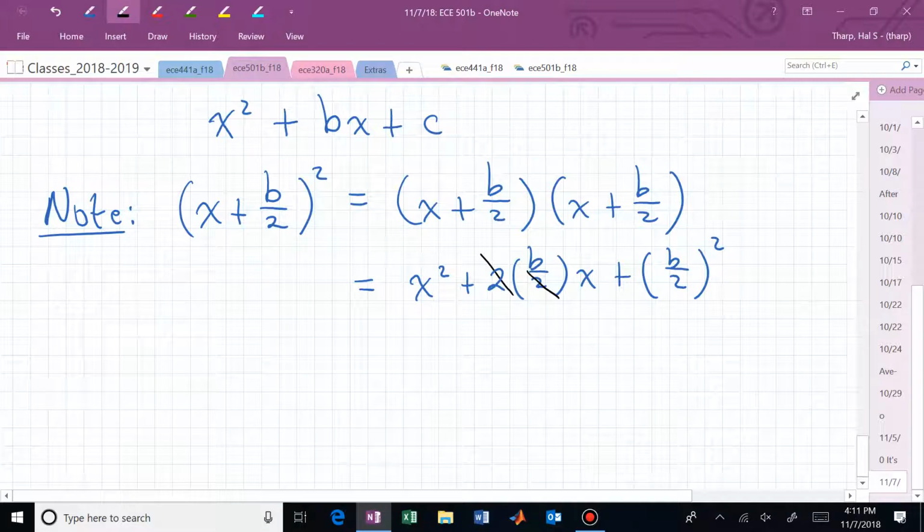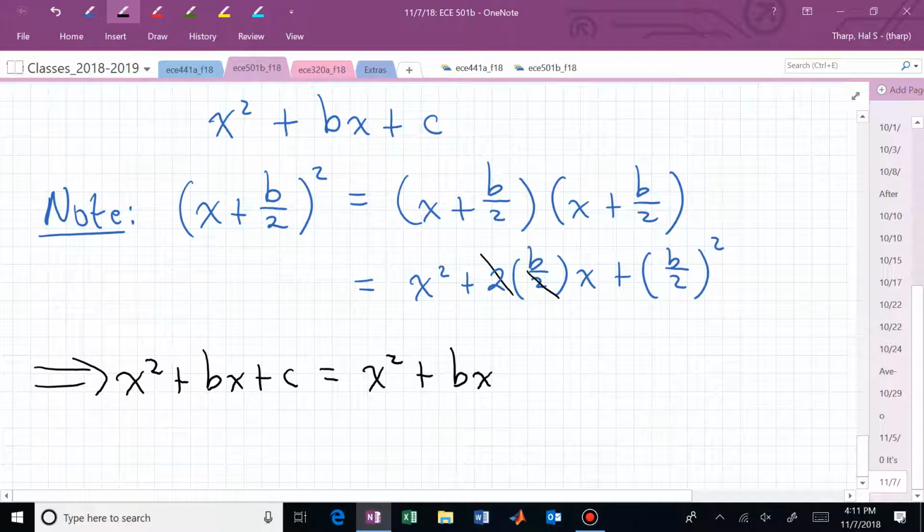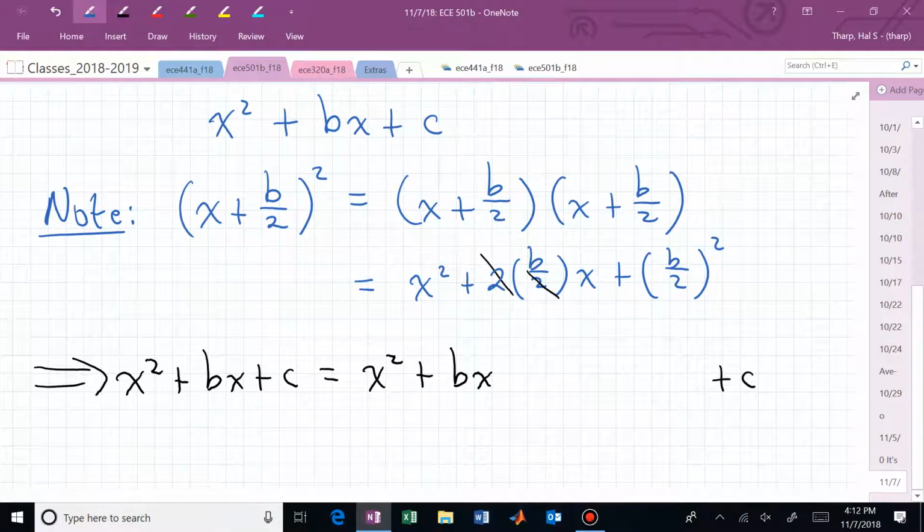Or if I start with x squared plus bx plus c, I can say, well, that's x squared plus bx, plus c, and inside that I'm going to just add 0. And the 0 that I will introduce is created out of two pieces associated with b over 2 squared.